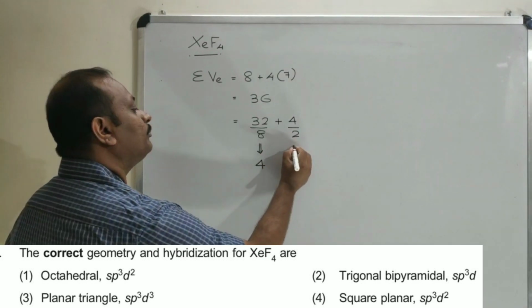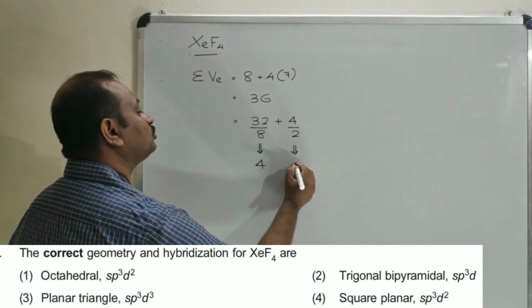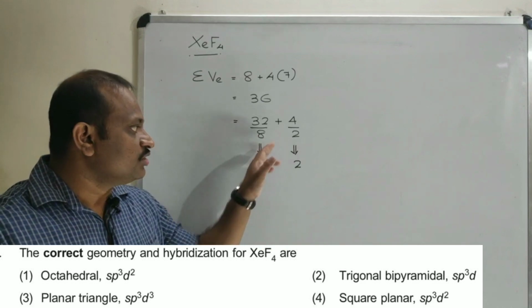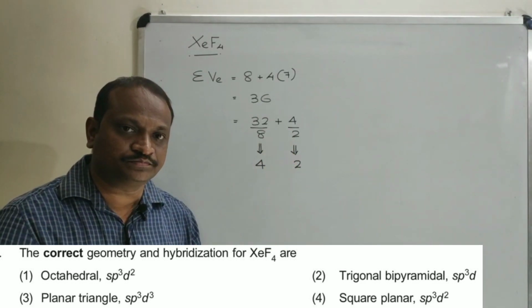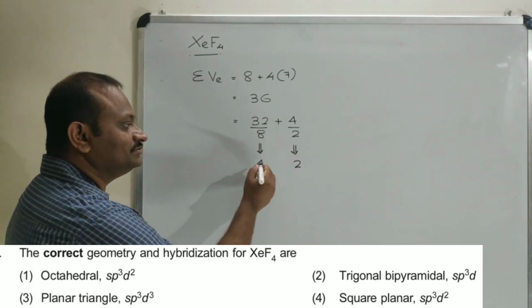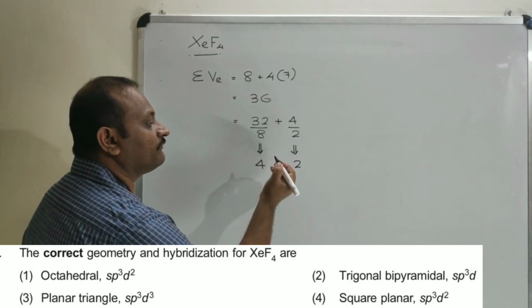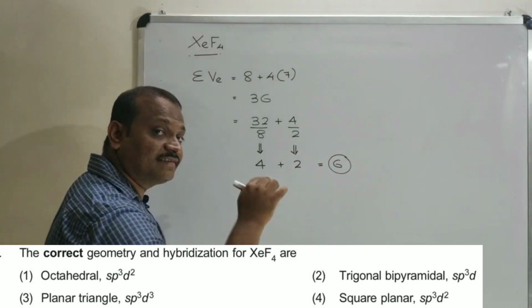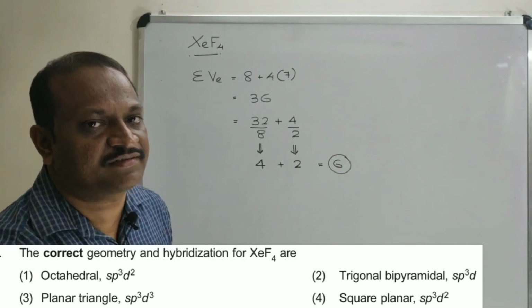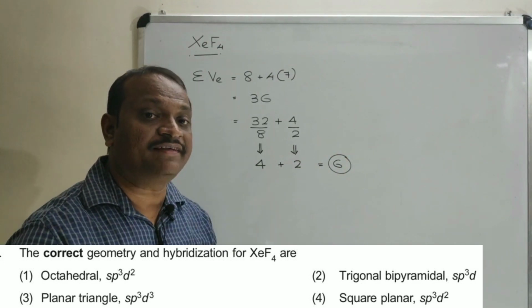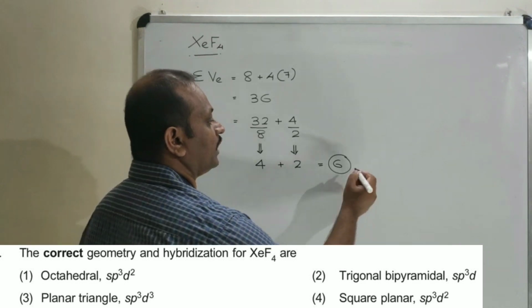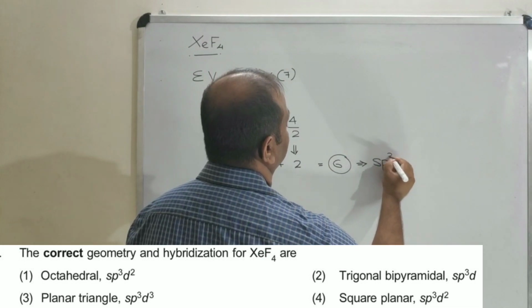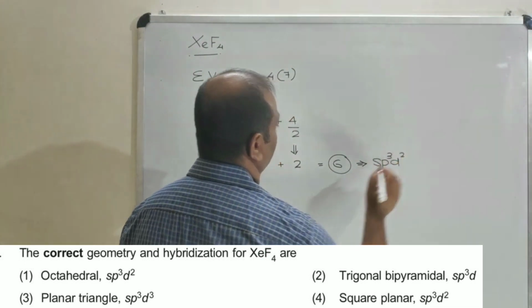And 4 by 2, you get 2. 4 plus 2, you get 6. 6 is the steric number, which means the hybridization is sp3d2.